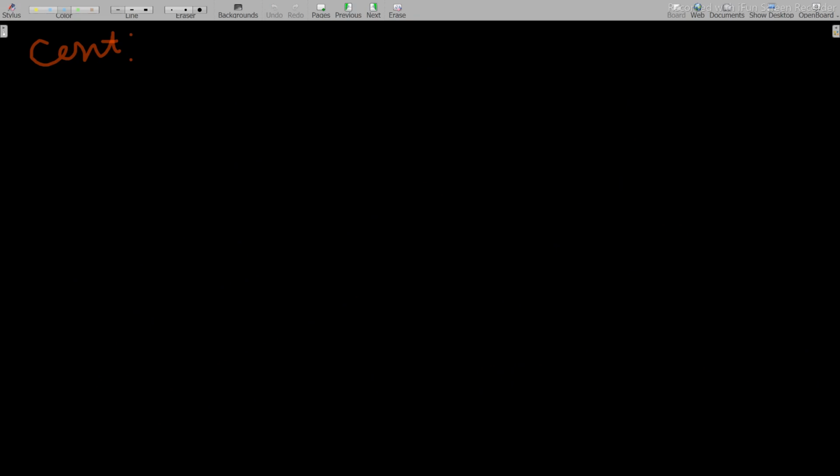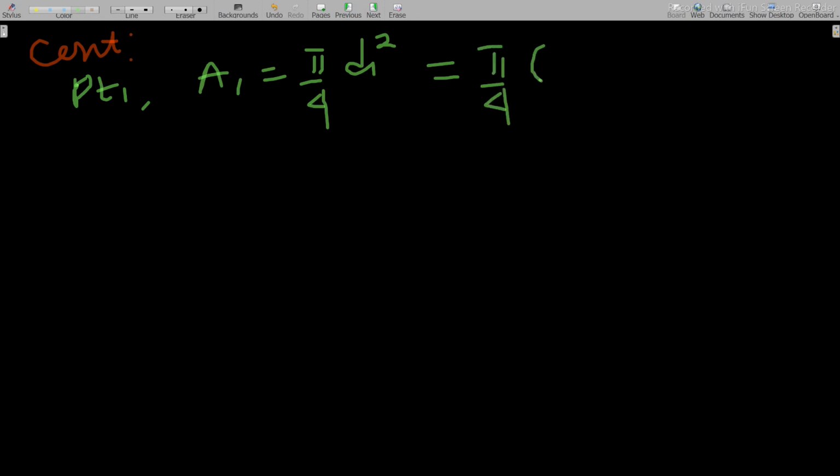At point 1, A1 is equal to pi over 4 d1 squared. We've done this in our previous lesson, that's the Reynolds transport theorem. So this will be equal to pi over 4, then d1 was 1 meter, so squared it becomes pi over 4 meter squared.